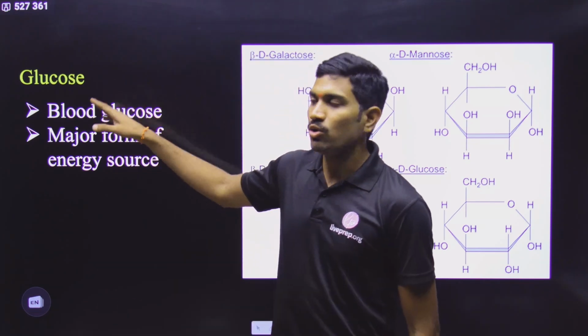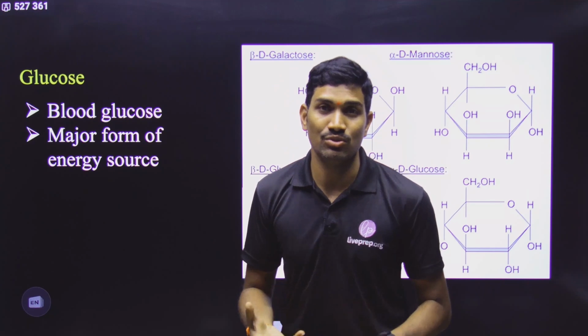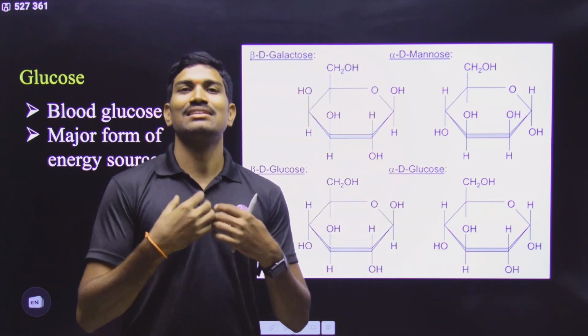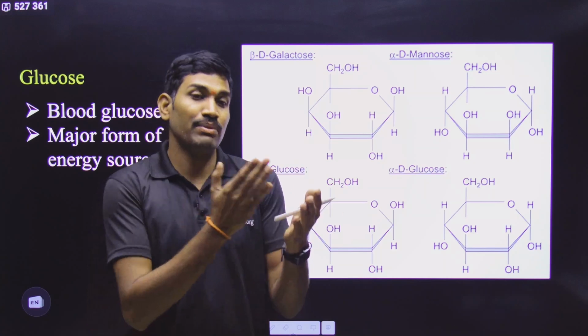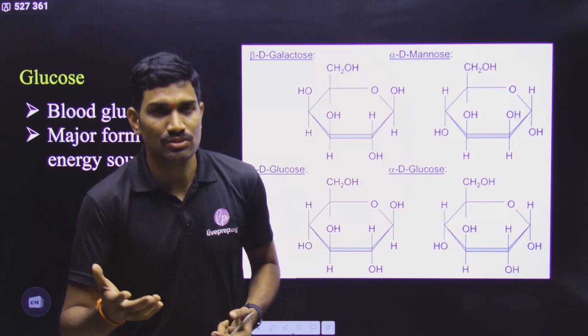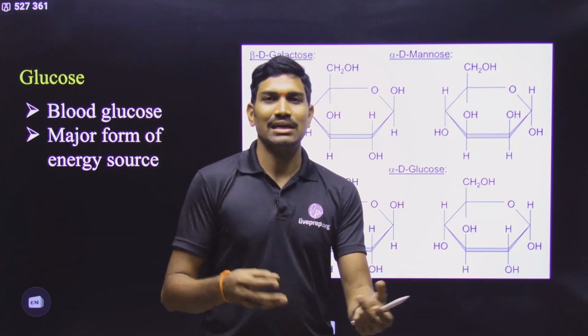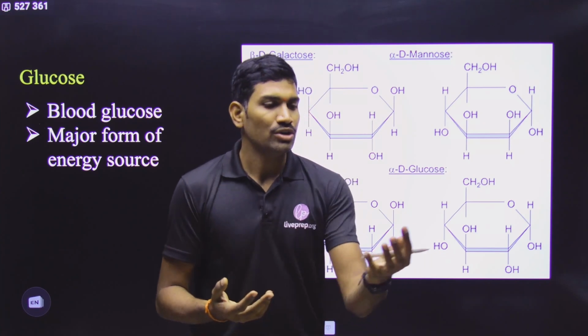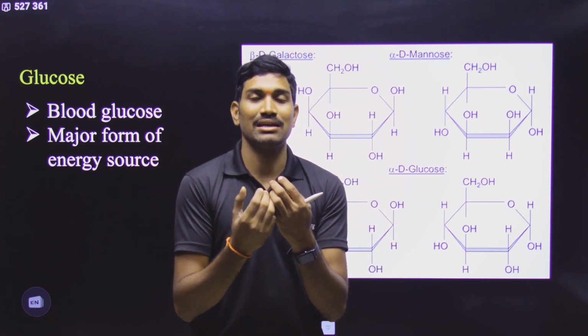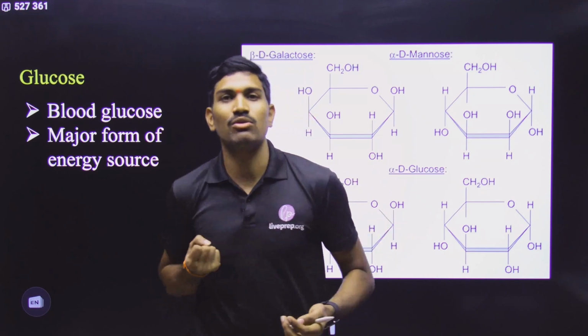Next, glucose is the major form of energy source. Generally our body has a preference for the carbon source, energy source. Suppose you are eating the normal sugar we use at home, that is sucrose. Suppose sucrose and glucose both are taken. Now our body will quickly use the glucose first.